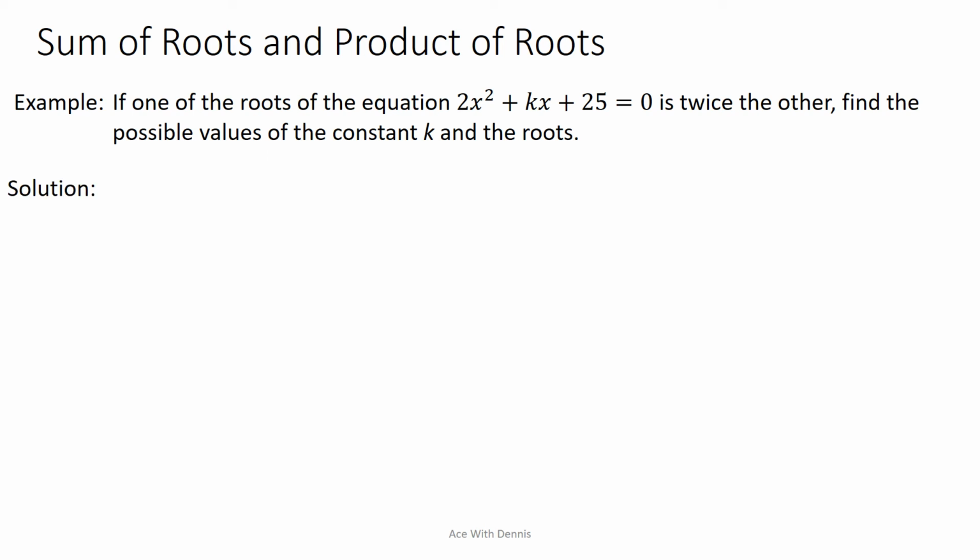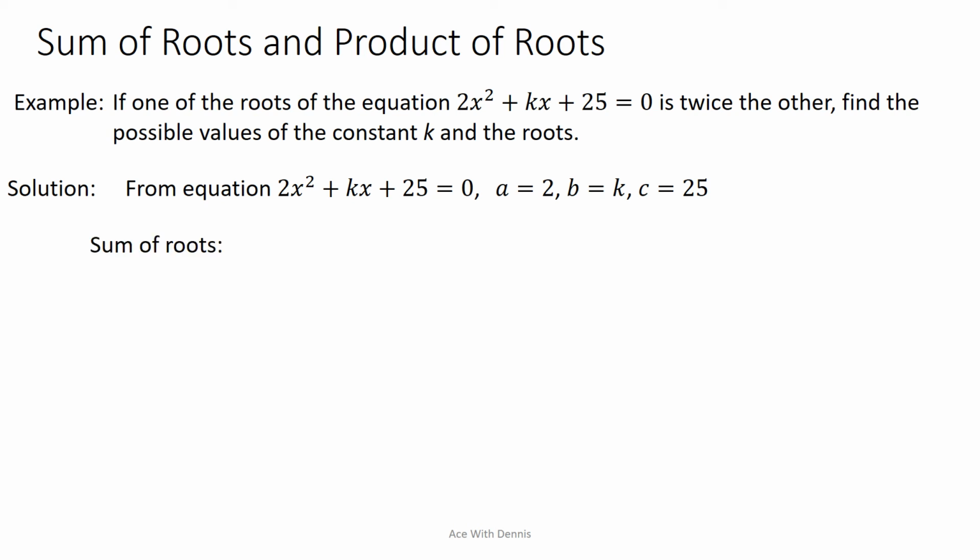The solution is, from the equation 2x squared plus kx plus 25 equals 0, we know that a is 2, b is k, and c is 25. The sum of the roots is alpha plus 2 alpha equals negative b over a, because in the question it says one of the roots is twice the other. Therefore, 3 alpha equals negative k over 2.